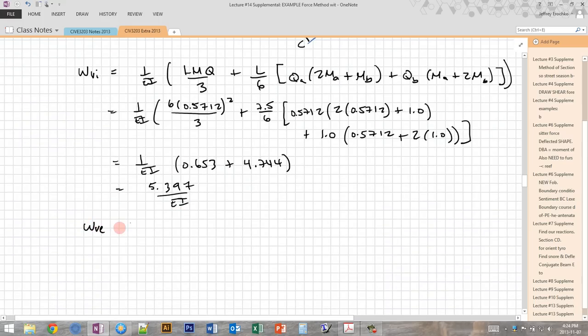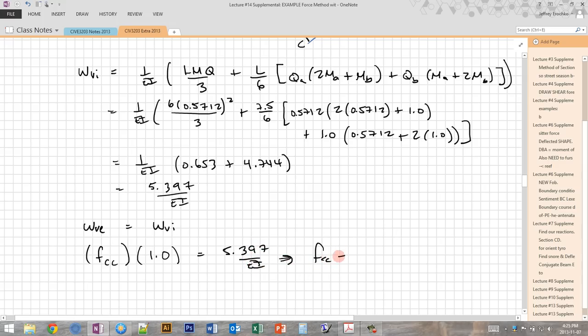Then we equate the external virtual work to the internal virtual work, where our external virtual work is the external real deformation, which is this flexibility term, right, because we're talking about a unit moment, times the external virtual force, which is 1.0 here, equals our internal virtual work, which is 5.397 divided by EI.